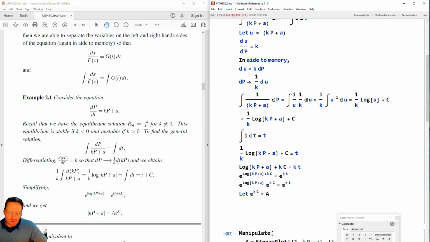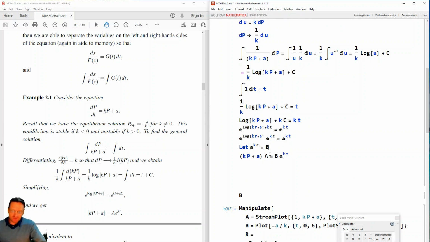Now e to the power of the natural logarithm of anything is that inside. So then this simplifies as kp plus a. And then here is our uppercase A, which we can actually put on the right-hand side and divide throughout and call that B. Something like this.